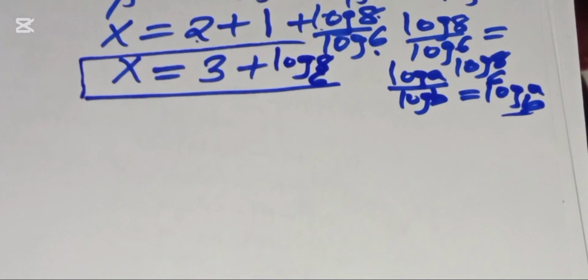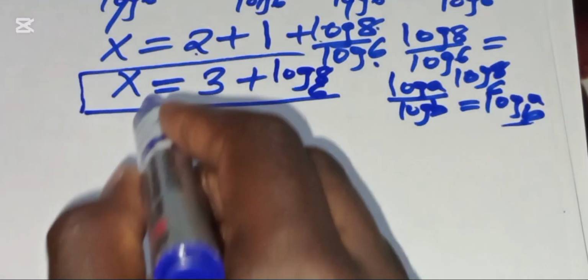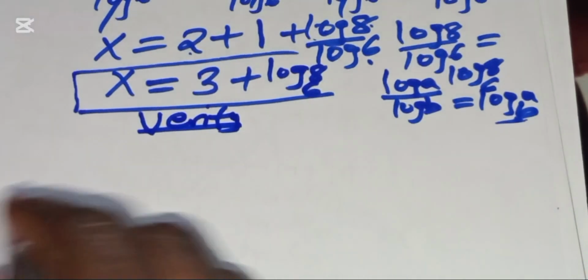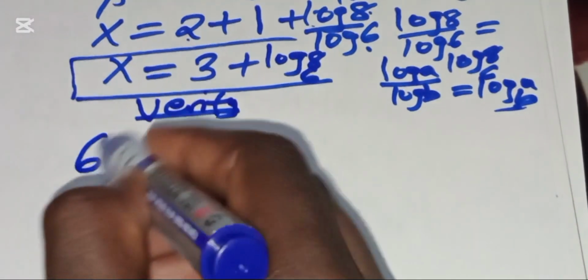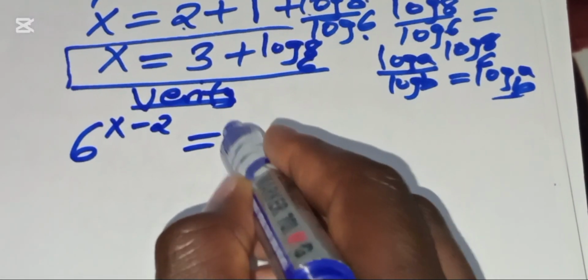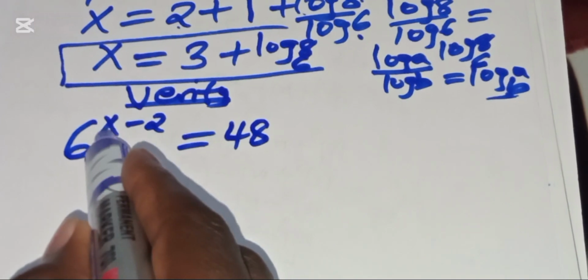So let's verify if this value of x satisfies the equation. So let's quickly verify this. We have that 6 raised to power x minus 2 is supposed to give us a value of 48. So let's substitute the value of x here.